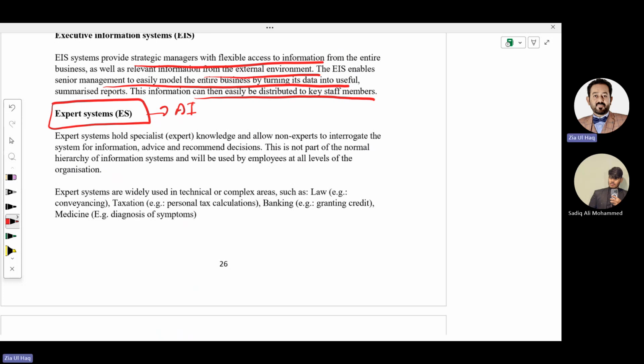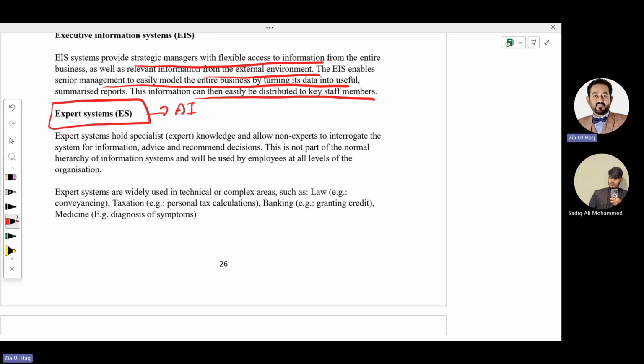Nowadays, an AI tool, artificial intelligence, is an expert system that has all the data and information from around the world collected into the system. And if you put in any query, it will provide you the results based on the data that has been entered into the system.